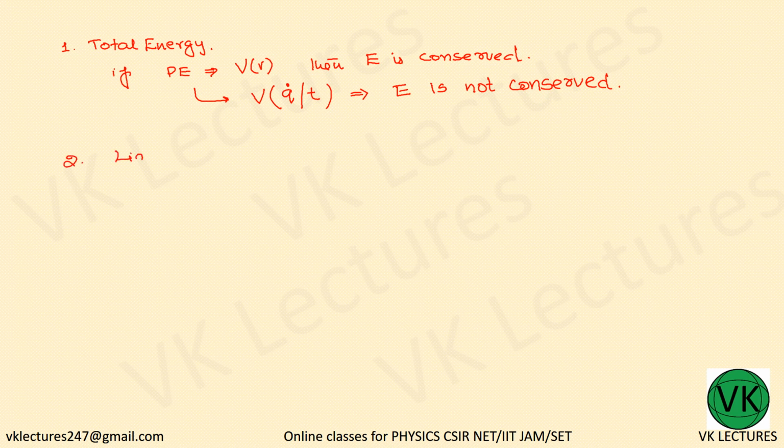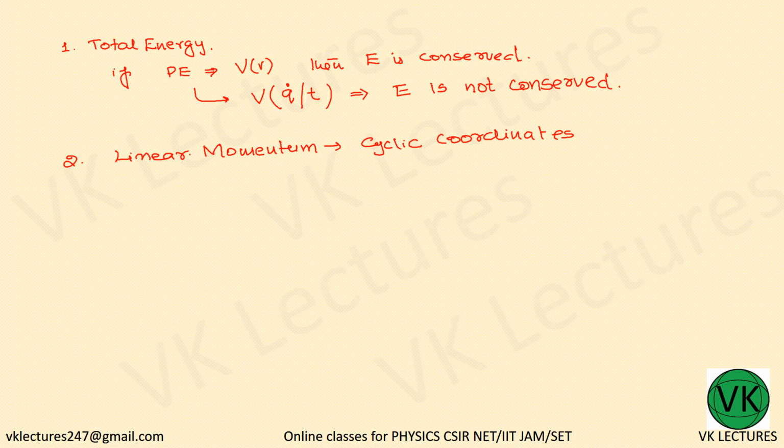Now coming to the linear momentum. For checking the conservation of linear momentum, we have the cyclic coordinates. That means the momentum corresponding to a cyclic coordinate is conserved.